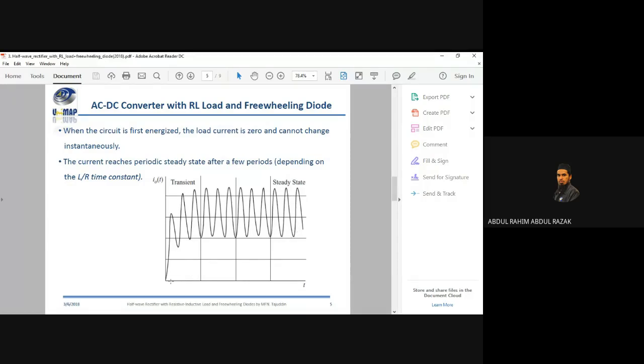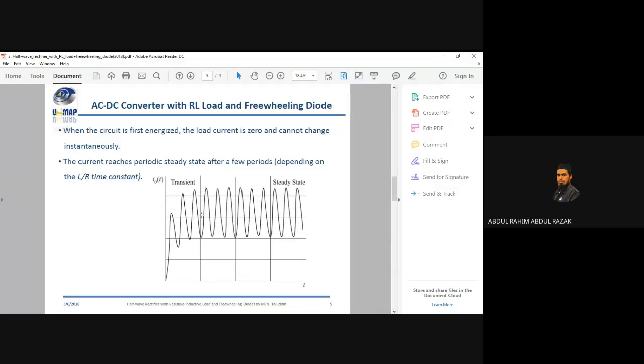So your T1 and T2, or T starting and Tn here, should only take the steady state region. Even though we ask you to present your result in 2 cycles, those 2 cycles should be taken from the steady state region, not the starting transient.